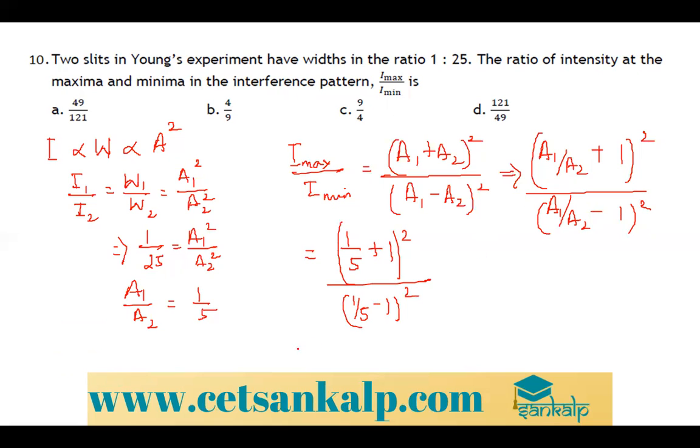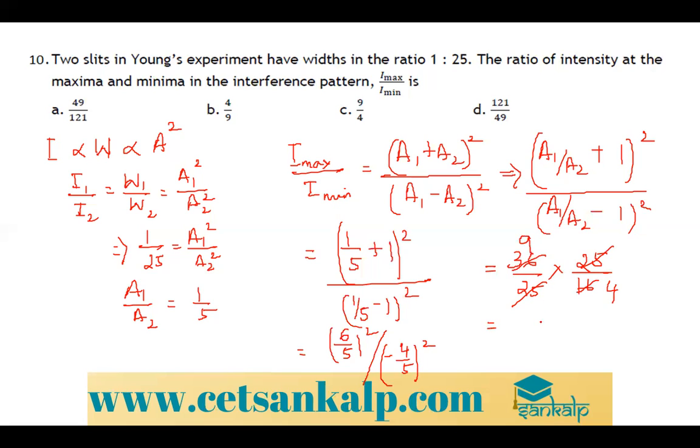So again I get 6 by 5 the whole square divided by minus 4 by 5 the whole square. That is 36 by 25 into 25 by 16. 25 gets cancelled. This is 4, 9 fours are 36. So 9 by 4 is the answer. So 9 by 4 is the answer under option C. Is it clear?